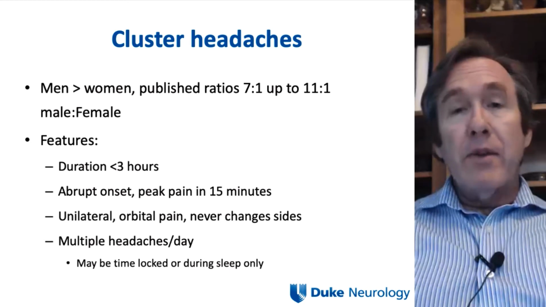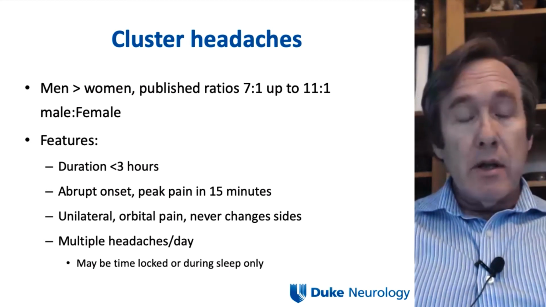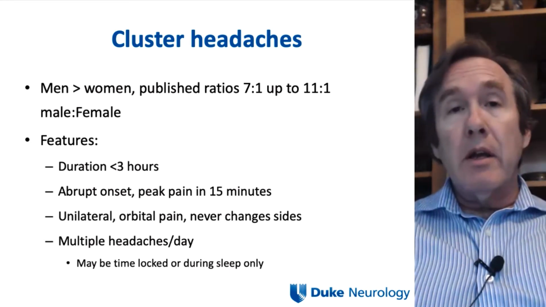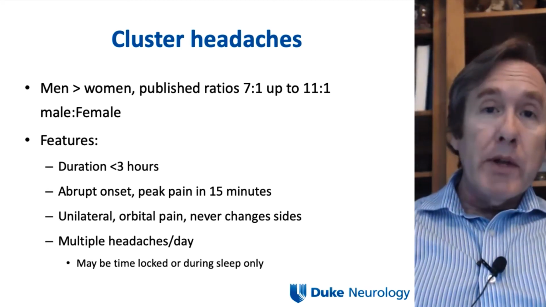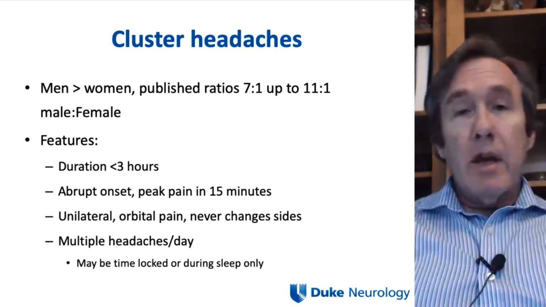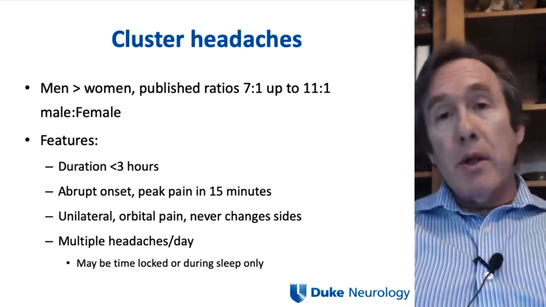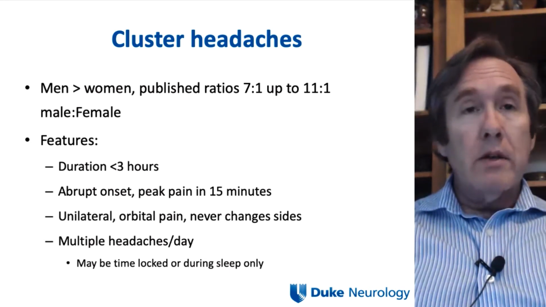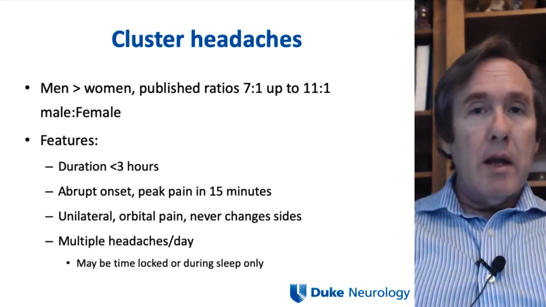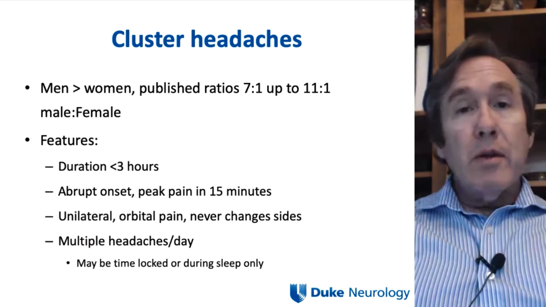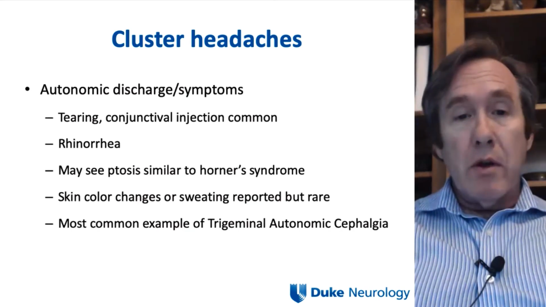The pain is severe, stabbing, and incapacitating, and patients typically have a headache for 60 to 180 minutes, and then their headache goes away and they're completely pain-free until they have a second headache. Patients typically have more than one headache a day, and their headaches are often time-locked, meaning occurring at the exact same time every day, or occur during sleep at the same time of night and wake the patient up.